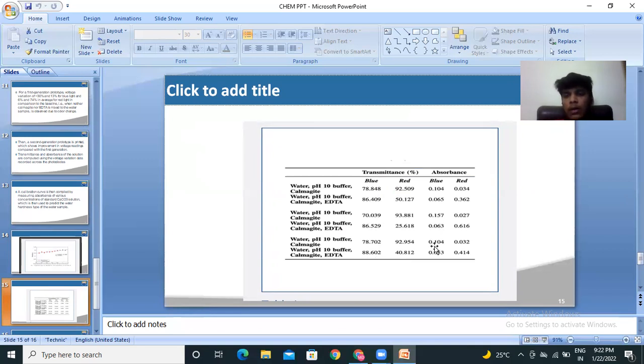The calmagite absorbance in blue is 0.104 and in red 0.032, and the EDTA absorbance in blue is 0.053 and in red 0.414. This is the table of transmittance percentages for calmagite in blue and red, and EDTA in blue and red.